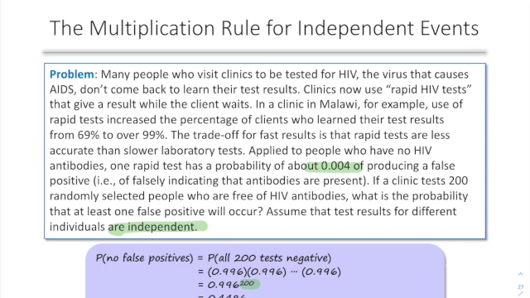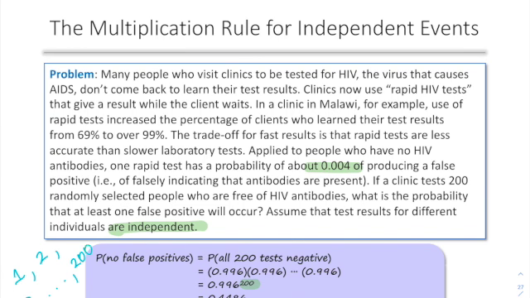This is the perfect example where the complement rule is much more efficient than adding all the things we actually want. To find the probability of at least one false positive, you'd have to calculate the probability that there was one false positive. Then you'd have to add in the probability that there were two, add in the probability that there are three, and so on and so forth until you get up to 200.